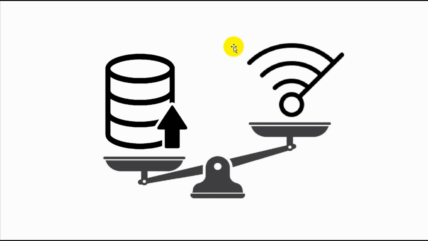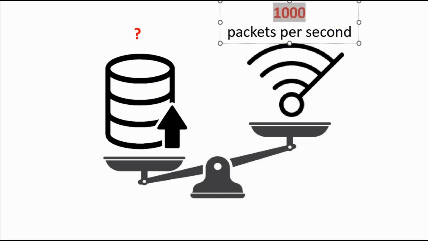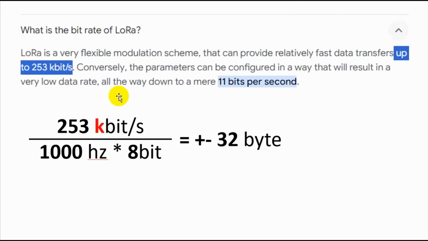The reason behind this messy behavior is the old conflict of speed and amount of data. Which one can we pay more attention to? We already know that the packet rate, the speed, might be a maximum of 1000 packets per second. So let's check what amount of data we can have. I googled a bit more and found out from somewhere deep on the internet that LoRa speed might be up to this value.